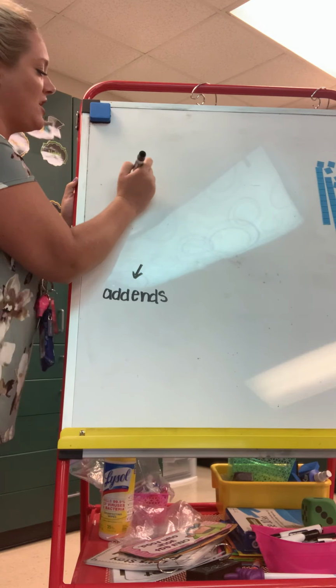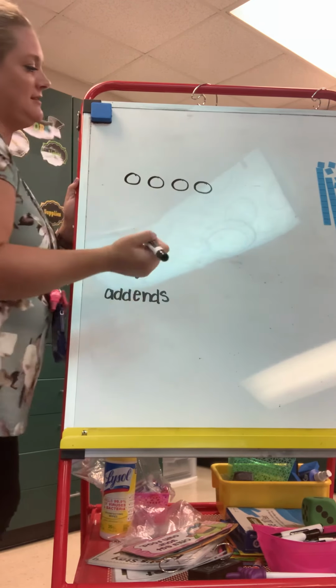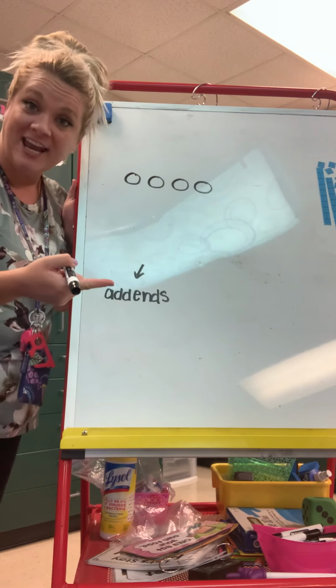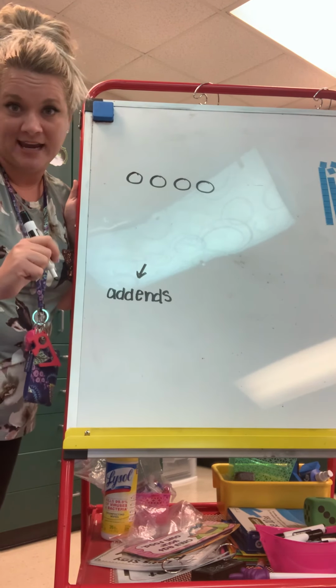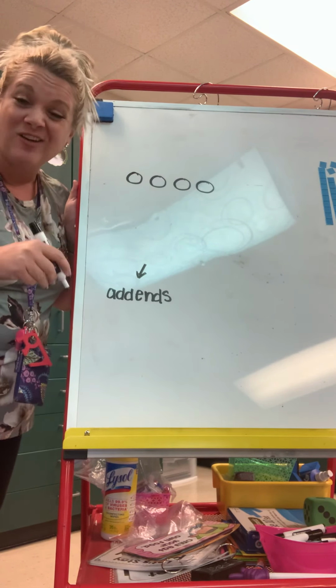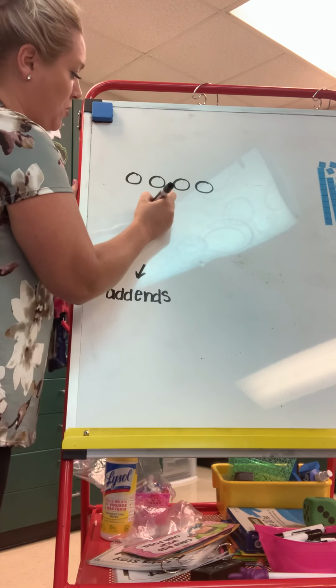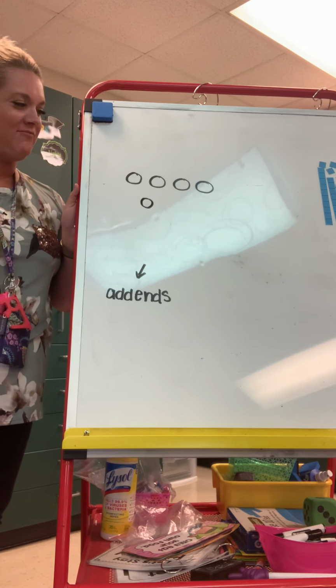So I'm going to draw 4 circles, 1 for each ant, okay? And then I go outside the next day, and maybe I'm jumping rope this time, or maybe I get out my sidewalk chalk. But today, I only see 1 ant. So I'm gonna draw 1 circle to represent that 1 ant, okay?